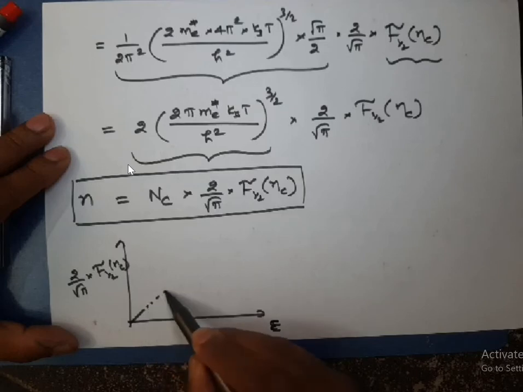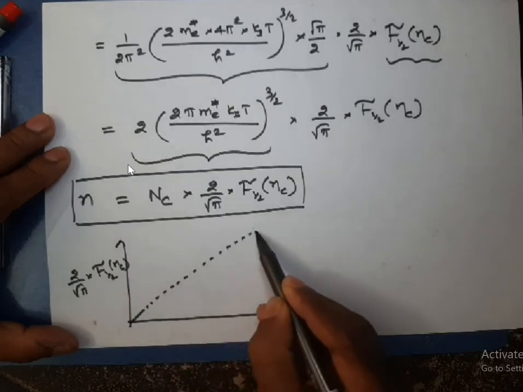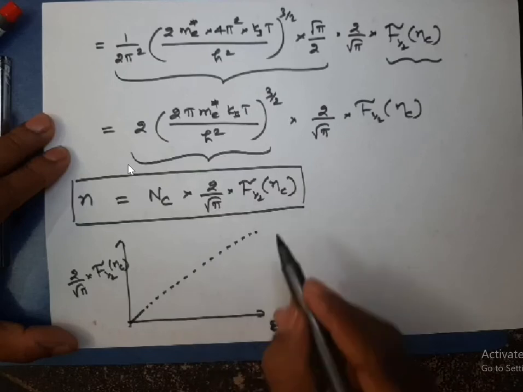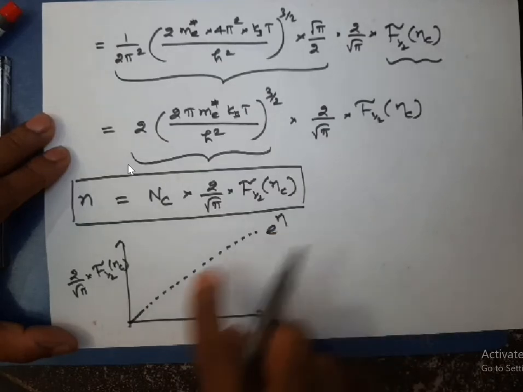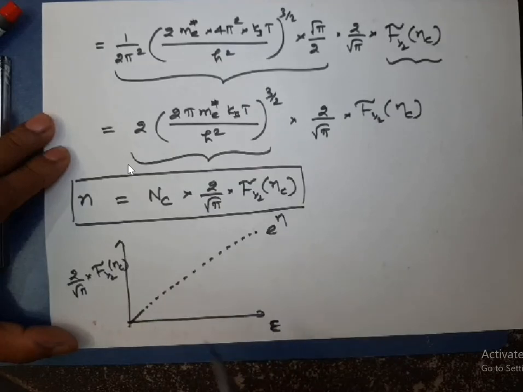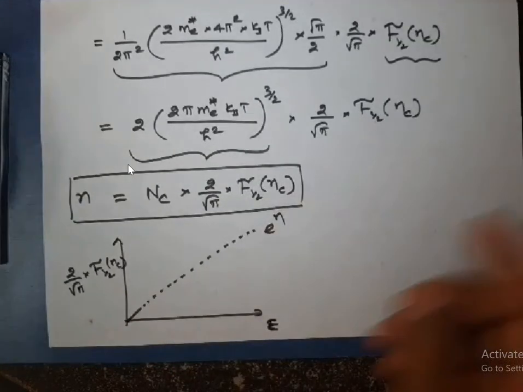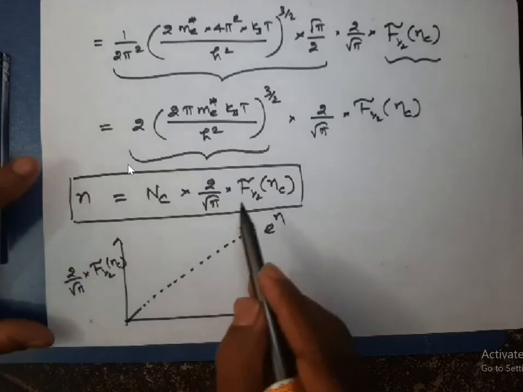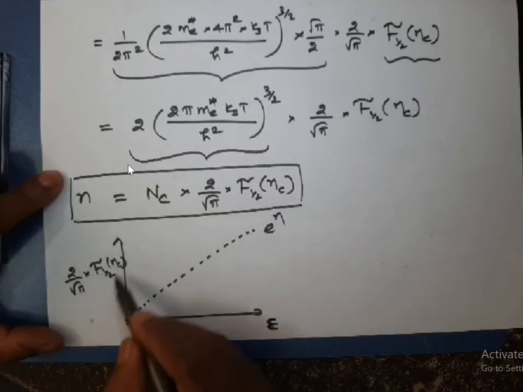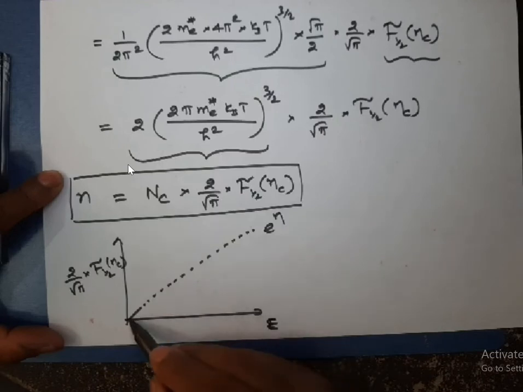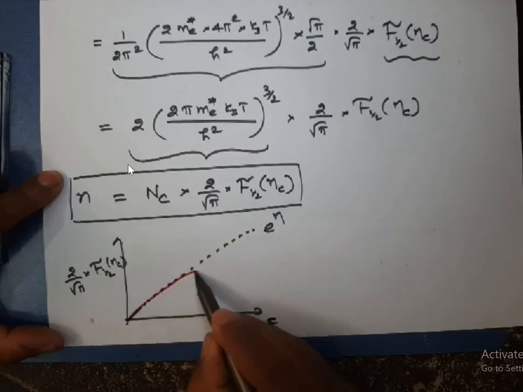let me draw a curve like this, and this curve represents the plot of e^eta. If I plot e^eta, I'll get this, and I'll get a function which appears like this. So if I plot this value versus E, it goes like this.